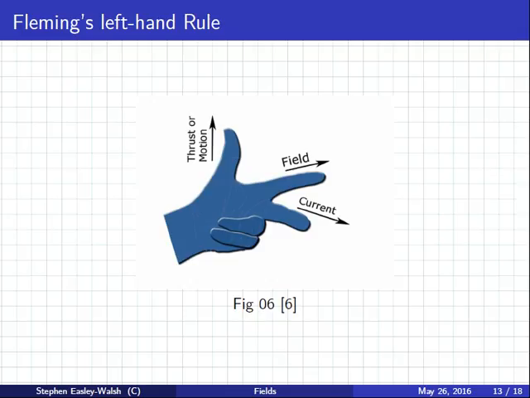The force is going towards you. This is called Fleming's left-hand rule. It's for calculating the direction of the force in the field.